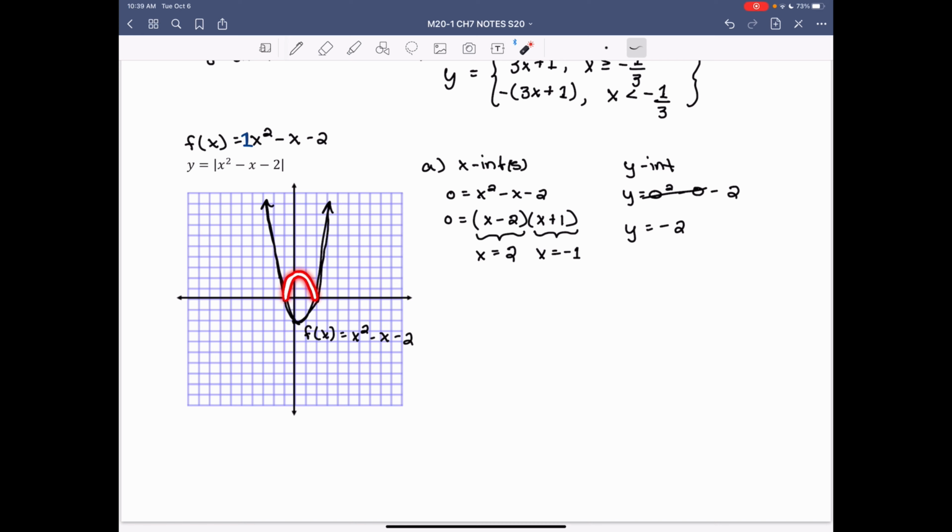So it's going to look something like this, like kind of a W. Let's draw it. These portions are the same. They're on top of f of x. This portion is reflected up to be something like that. So that's our y equals absolute value x squared minus x minus 2.